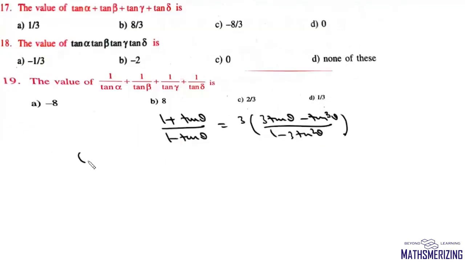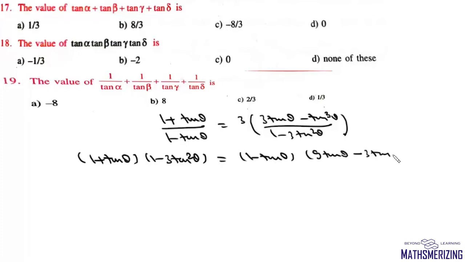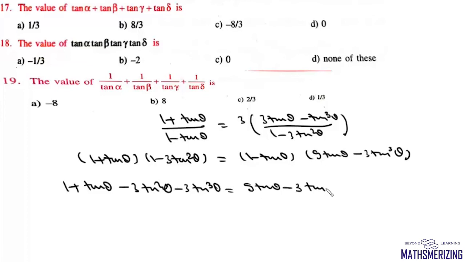Now we'll cross multiply. We can write (1 plus tan theta) into (1 minus 3 tan square theta) equals (1 minus tan theta) into (9 tan theta minus 3 tan cube theta). So we'll get 1 plus tan theta minus 3 tan square theta minus 3 tan cube theta equals 9 tan theta minus 3 tan cube theta minus 9 tan square theta plus 3 tan to the power 4 theta.